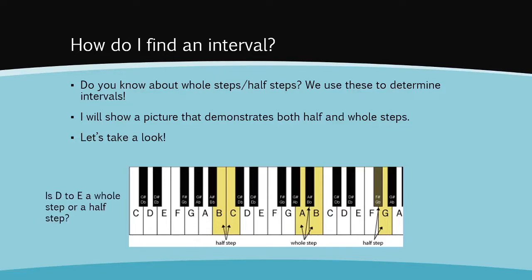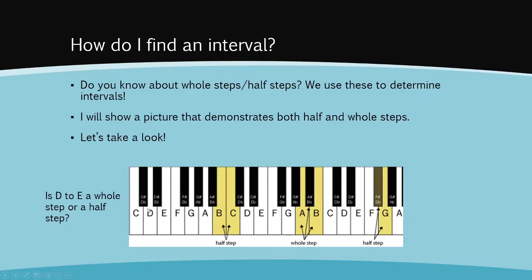We're going to do a couple of examples here. Is D to E a whole step or a half step? Let's take a look. We have D here and E here. The first thing we have to check, and probably the first question I would ask, is: is there a black key in between these two?